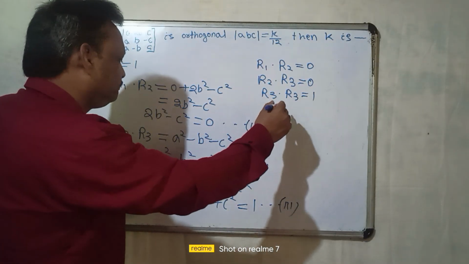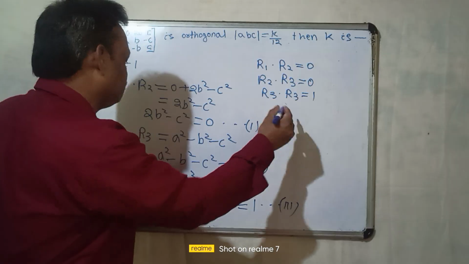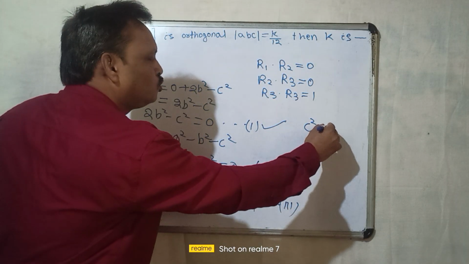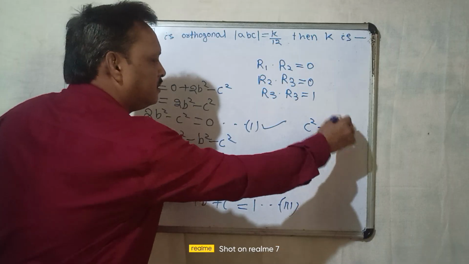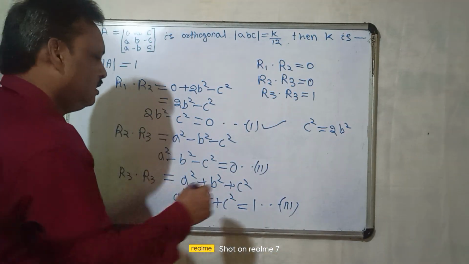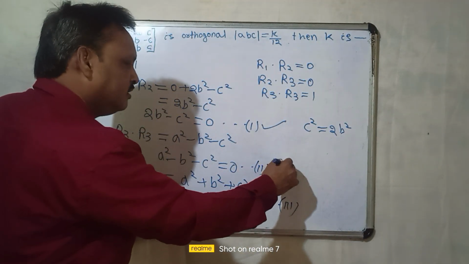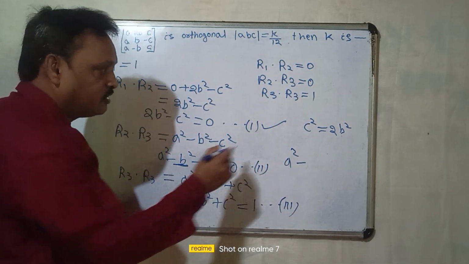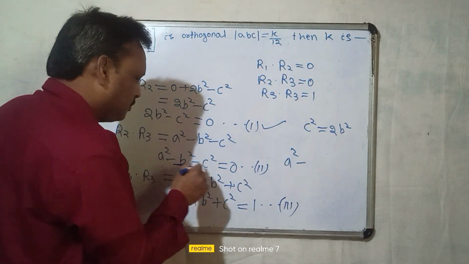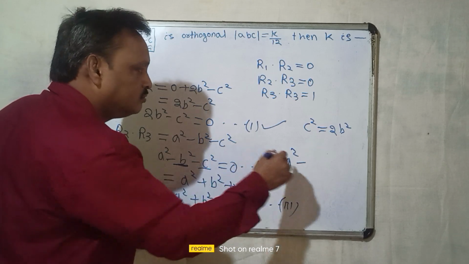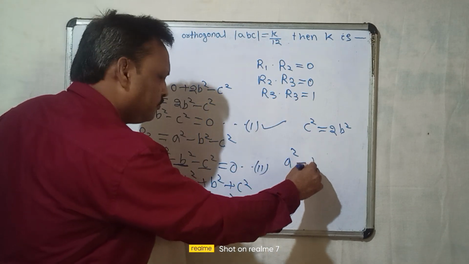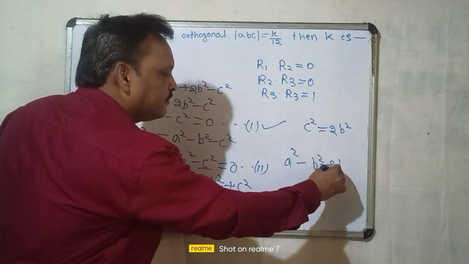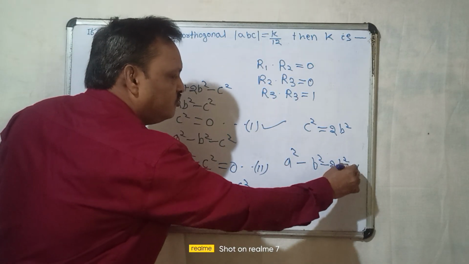According to the first equation, c square is equal to 2b square. Now substitute this value in the second equation: in place of c square we write 2b square, so a square minus b square minus 2b square equal to 0.